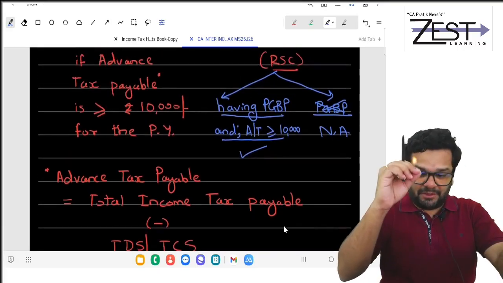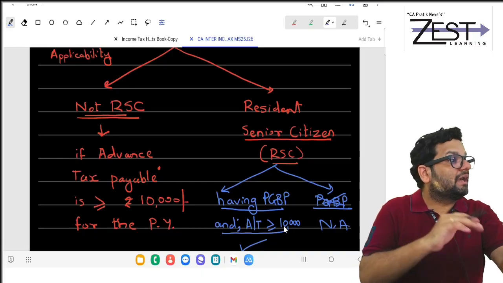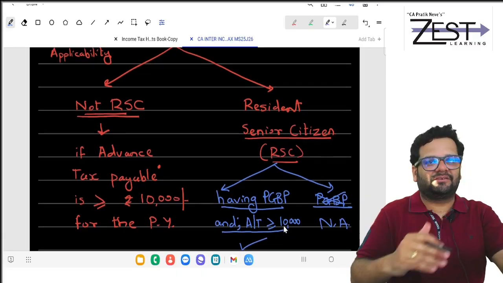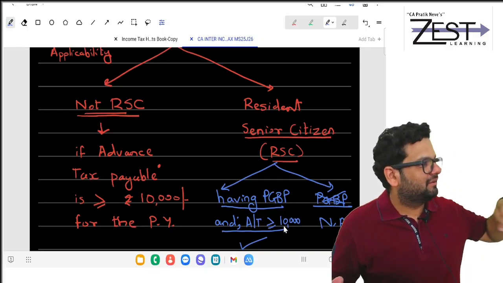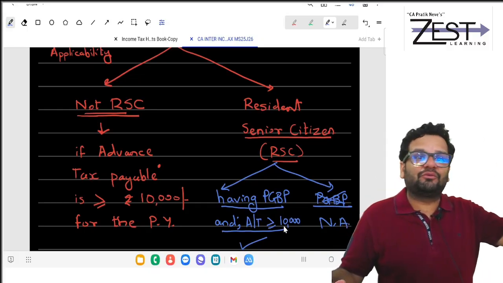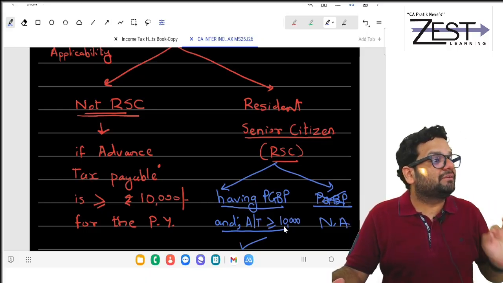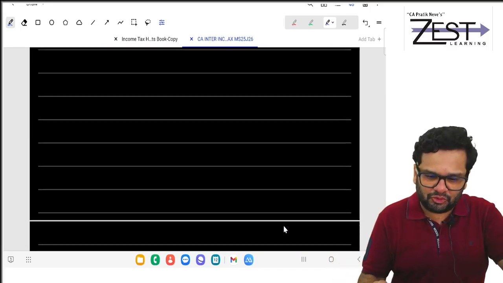If these provisions become applicable, then what to do? Then start paying advance tax on an estimated basis. Of course, you will understand actual liability only in the AY, but you have to start paying tax in the PY. So it will be on an estimated basis. How are you supposed to pay?